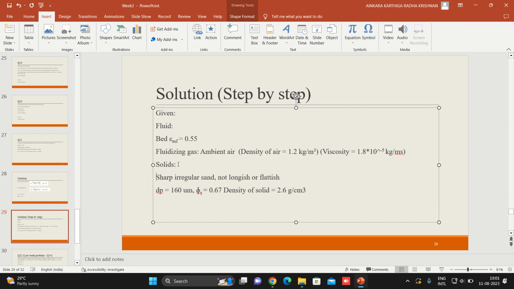So this is the fluid property. What is the solids property? This is given as sharp irregular sand, and its sphericity is given. Diameter of the particle is given.